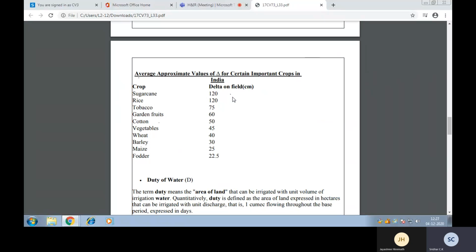So therefore, the water requirement for a particular crop mainly depends upon the weather conditions also. As you know, India is a tropical country, and particularly in the summer season we face insufficient water for the growth of crops.